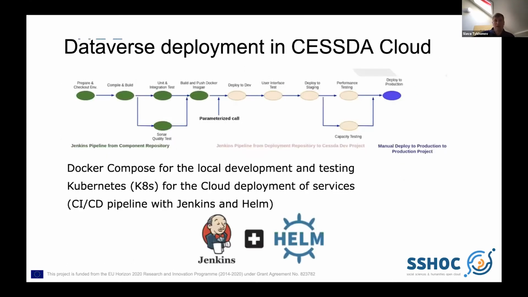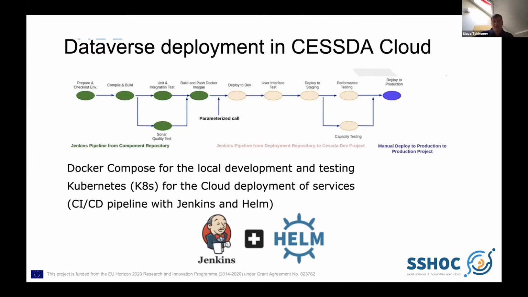So now I'm coming to Dataverse deployment on CESSDA Cloud. We're using Docker Compose for local development and also testing Kubernetes. Currently we are trying to merge 2 different repositories. So the Docker module and Kubernetes module will be merged and become a common module, and you will get a possibility to use different deployments for different use cases and even for different clouds.